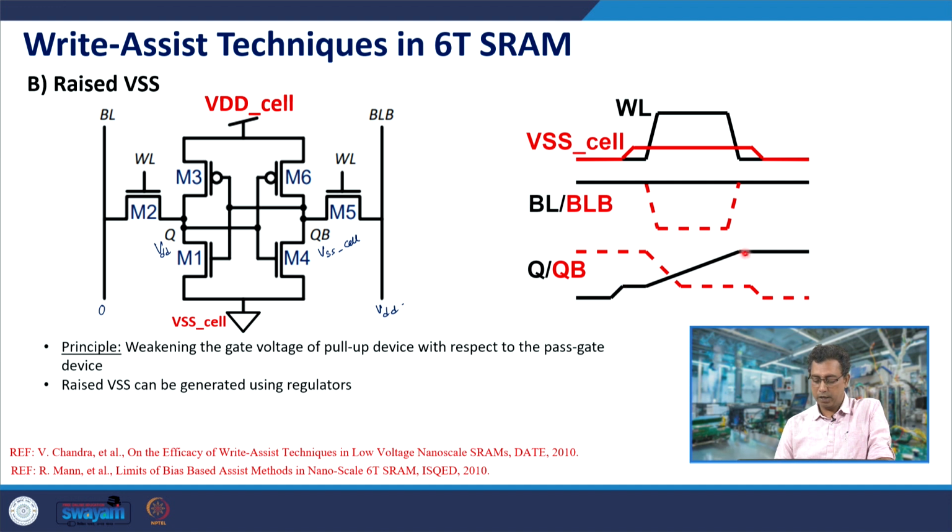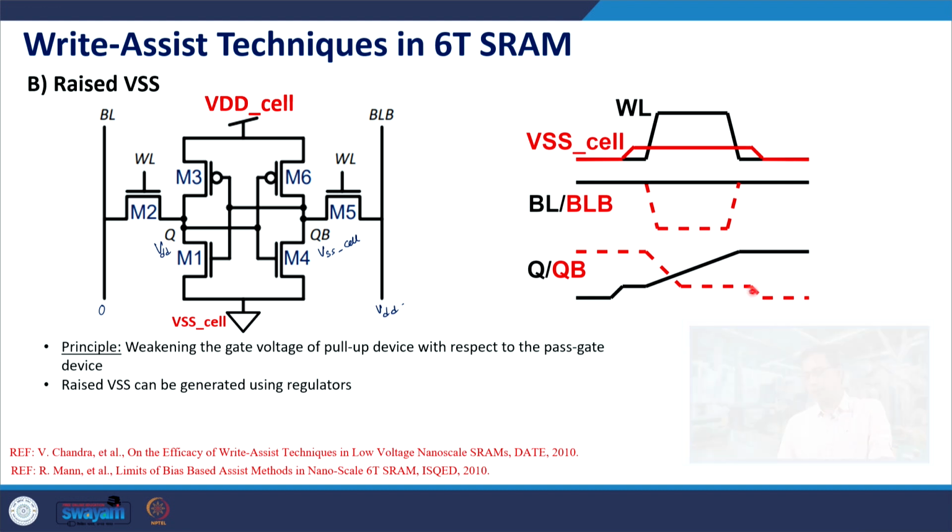The other side would also be charged to a higher value, in the sense that Q would not go to 0, it would go to VDD cell. But then after you turn VSS back to 0, this would get discharged, but your writing has happened faster.